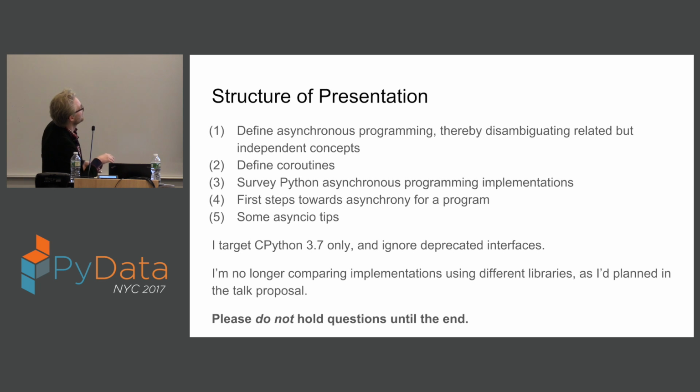We'll do a very brief survey of some implementations, but what I'd like to teach you is largely implementation independent, and ideally is evergreen material. If the material were no longer useful next week, that would be bad in the long term. So, first steps toward asynchrony for a program and some async IO tips. You will see that I have a preference for that.